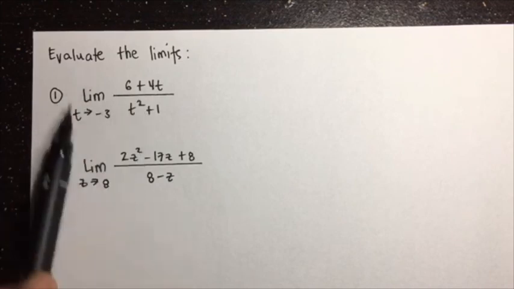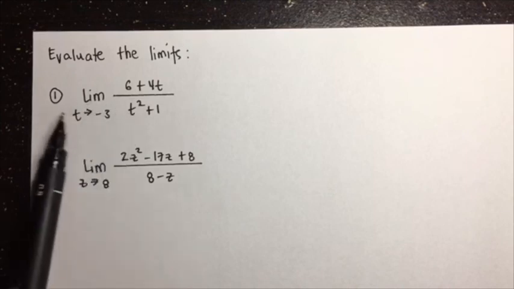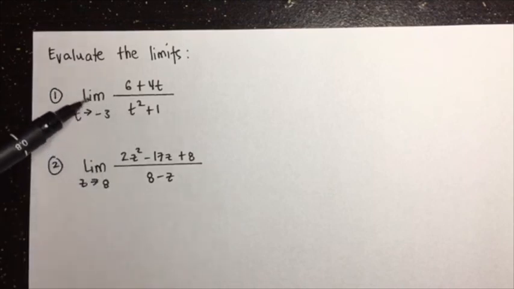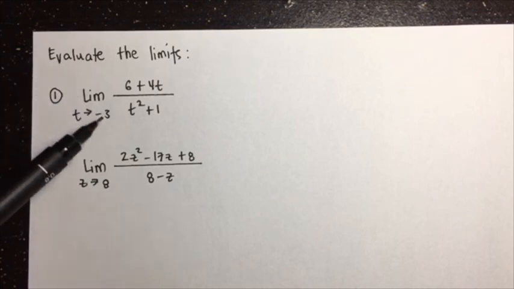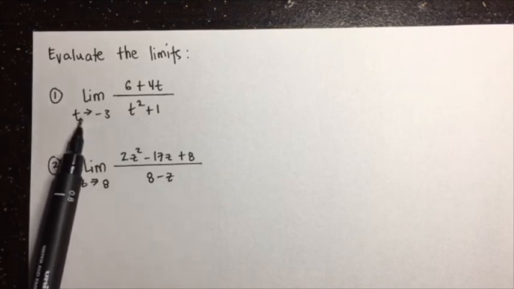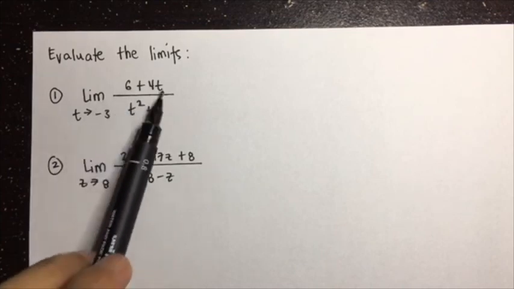To solve this, although the concepts of functions and limits are different, when evaluating limits, what we need to do is similar to evaluation of functions. All we need to do is substitute the value that t approaches into the function.